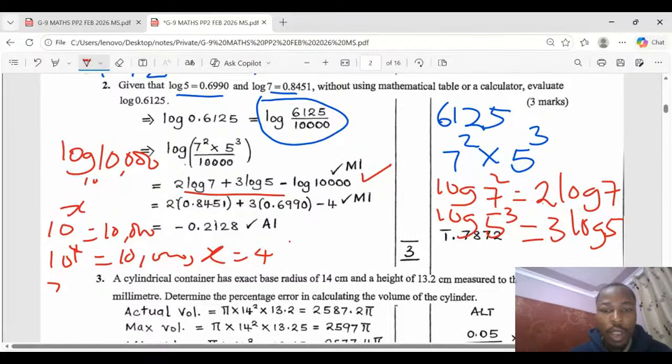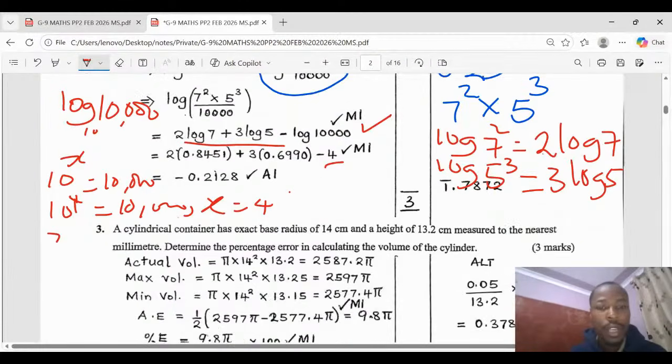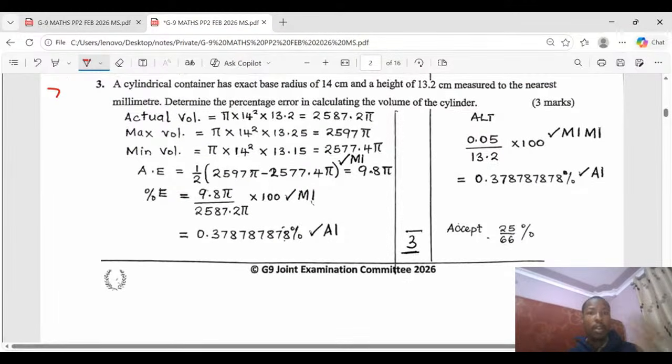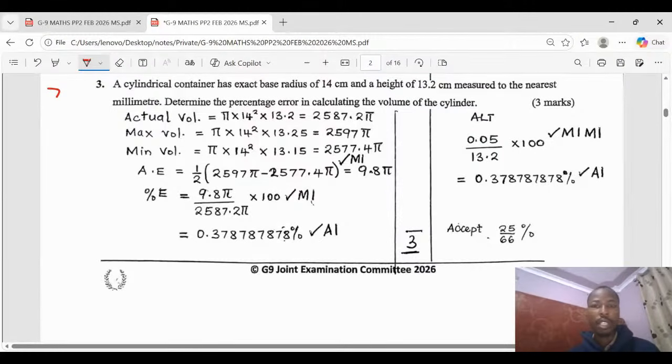And that's why you're having that 4 here. Then you work it out on your calculator, and you get negative 0.2128.